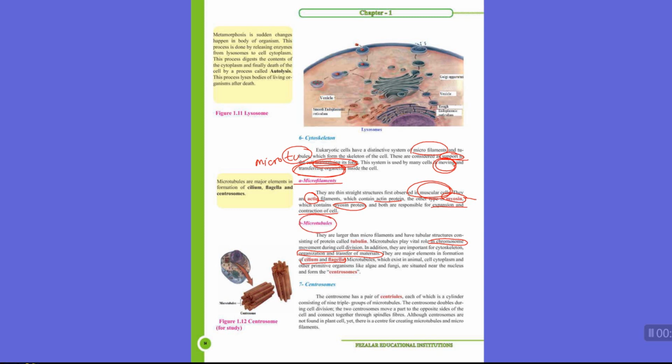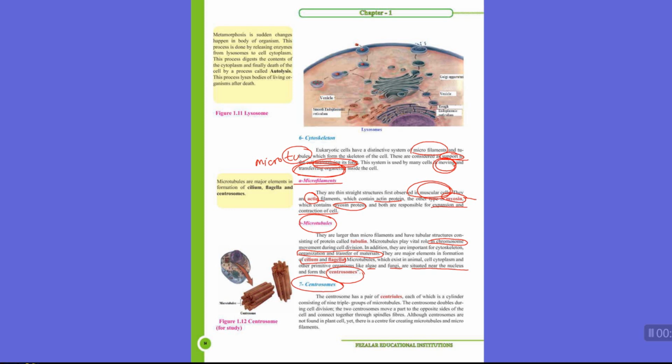They exist in the animal cell cytoplasm and in other primitive organisms like algae and fungi, situated near the nucleus, and form centrosomes. So an organization of microtubules near the nucleus in animal cells, or algae and fungi, forms another organelle we call the centrosome.